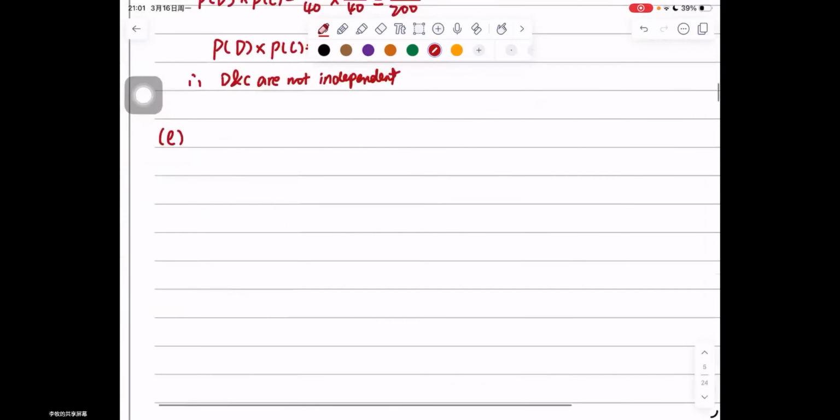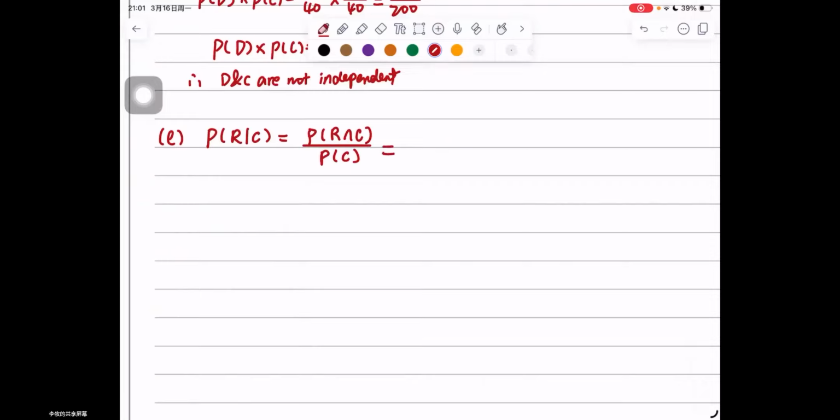So we're going to calculate the probability of R given C. So substituting in the formula, we get P(R and C) divided by P(C). So R and C is equal to 4/40 divided by 14 over 40. So it's equal to 2/7.